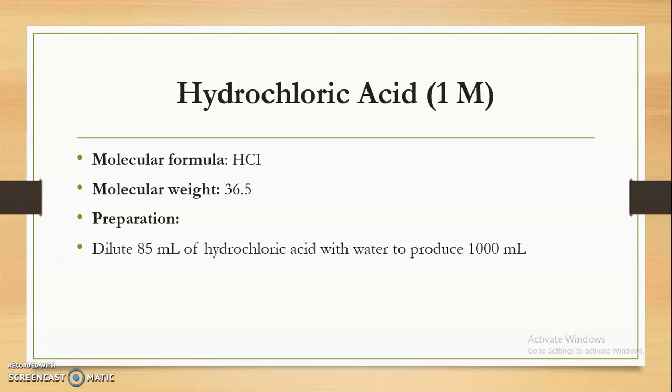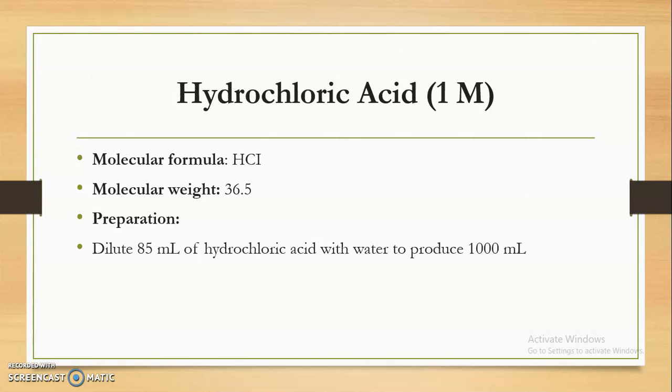Because the concentrated hydrochloric acid that is available is of strength 36%, meaning 36 ml of HCl is present in 100 ml of the solution. If I take 100 ml of hydrochloric acid, only 36 ml of it is HCl.